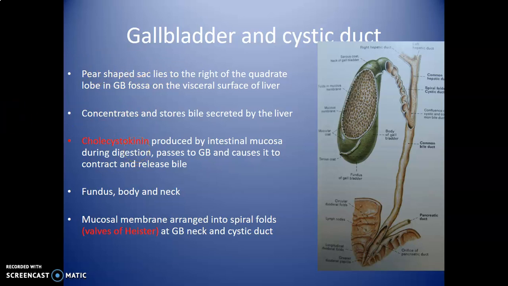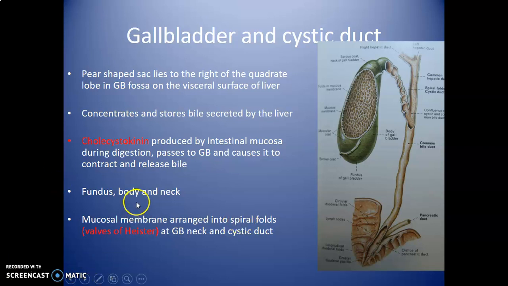Cholecystokinin is a chemical that is produced by intestinal mucosal glands during digestion, and this endocrine substance passes to the gallbladder and causes the gallbladder to contract and release bile. So it contracts and releases bile in response to cholecystokinin produced by the intestinal mucosa in digestion.